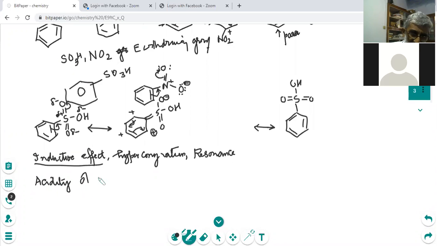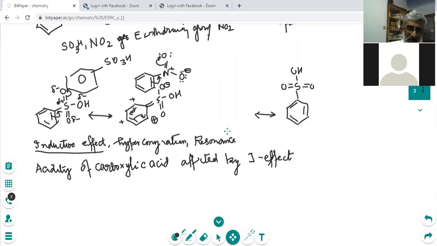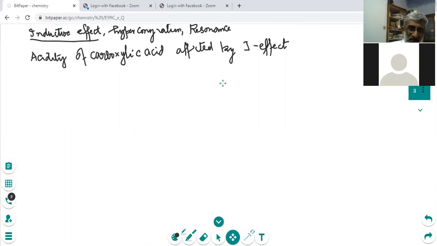Acidity of carboxylic acid is affected by the inductive effect. Did I mention that? I don't remember. Let's see.